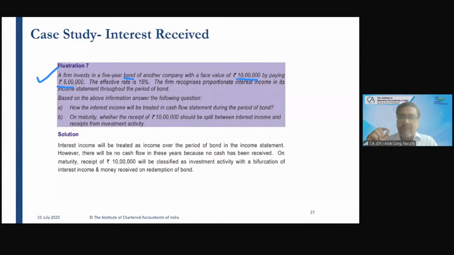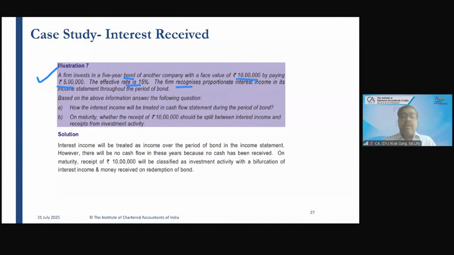The company is paying 5 lakh, and it will get 10 lakh after 5 years. The effective rate is 15%. What does it mean? How does this 5 become 10 in 5 years? Because the company is getting a 15% rate of interest every year.